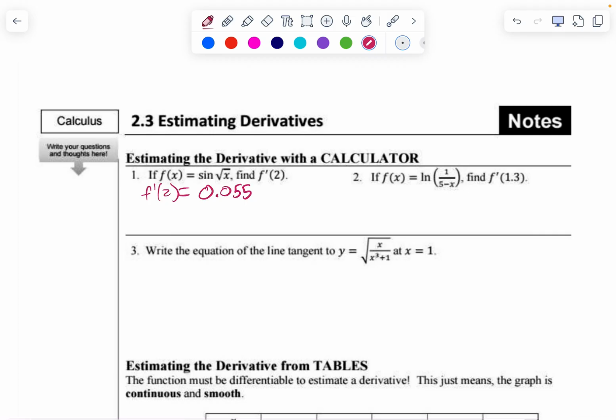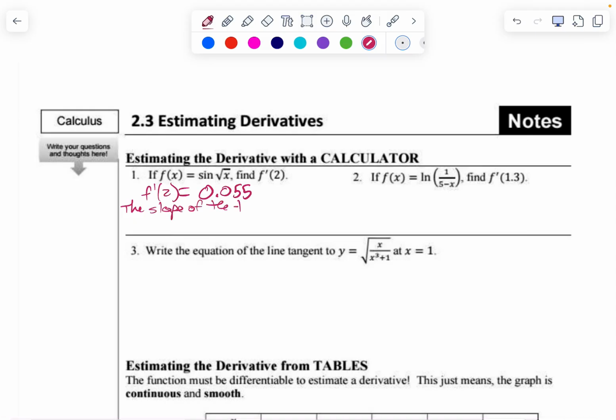Please? Okay, let's define what this is just to keep reviewing. So 0.055 is what? More specifically, write this down.